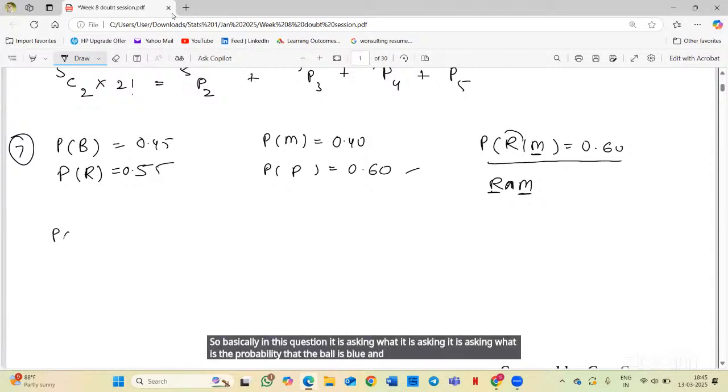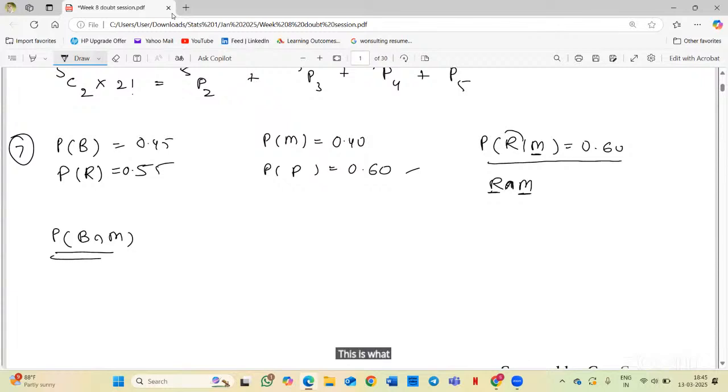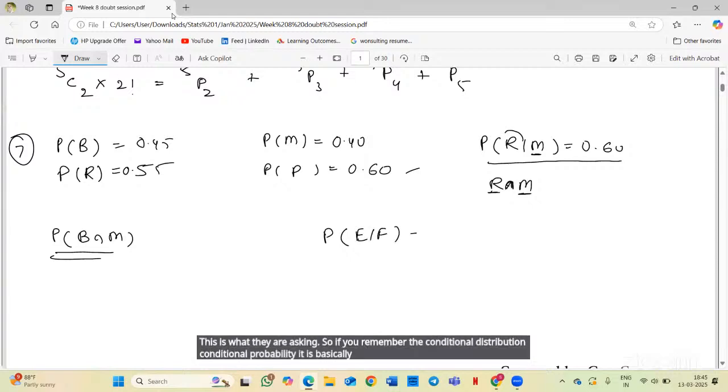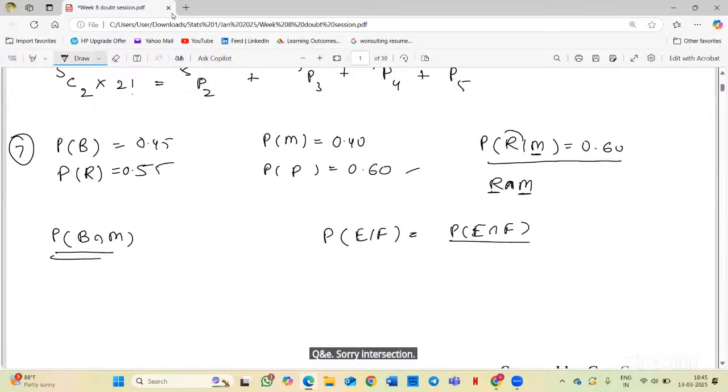That is, it should be blue and it should be metallic. So if you remember conditional probability, it is basically the probability of E given F equals the probability of E intersection F divided by the probability of F, right?